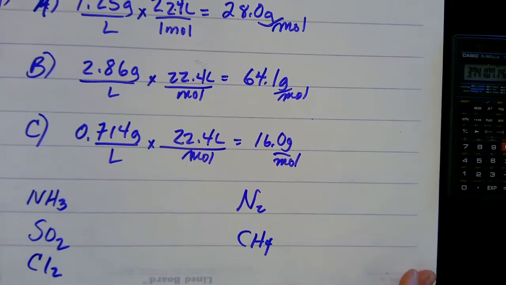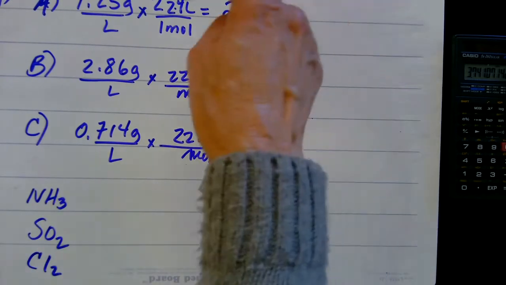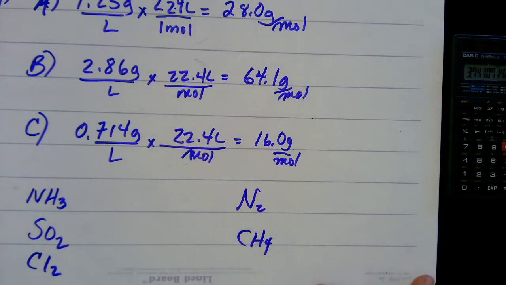We're going to write those down. If we solve for the molar mass of each of these different substances, then we can compare to the molar masses of A, B, and C.